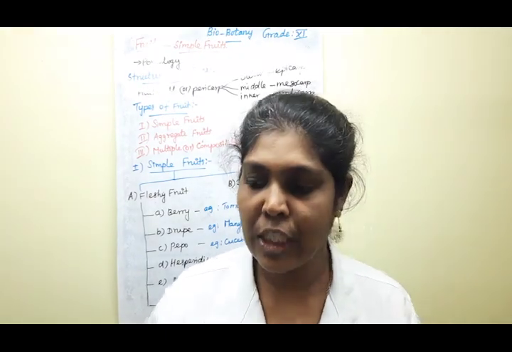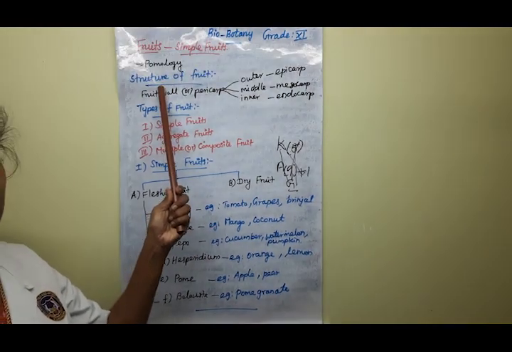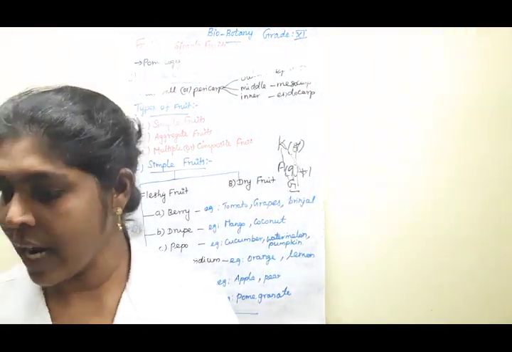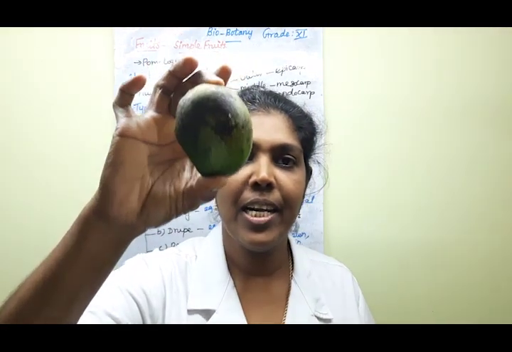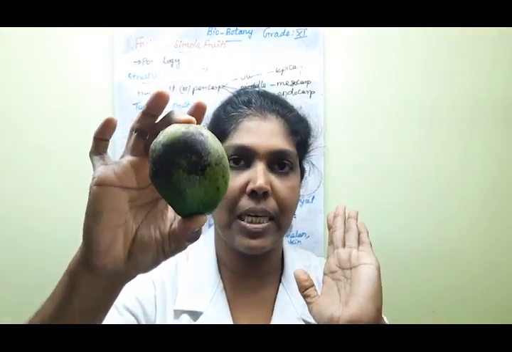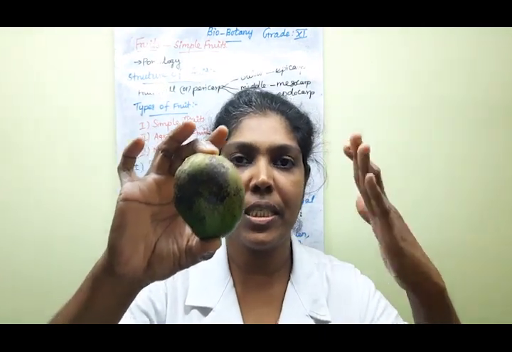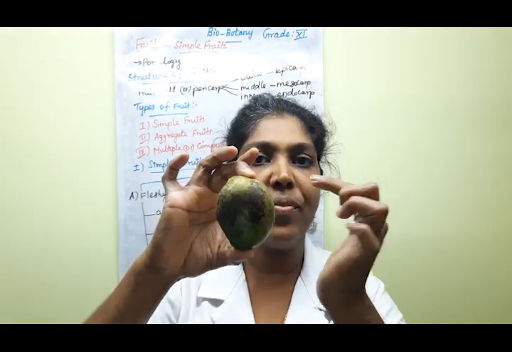Yes. Next we are going to learn about the structure of fruits. If we look at a fruit, there is some structure, isn't it? So this is one of the good examples. How do we learn about the structure of fruits? First, the fruit has a fruit wall.